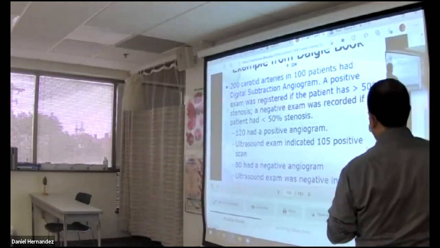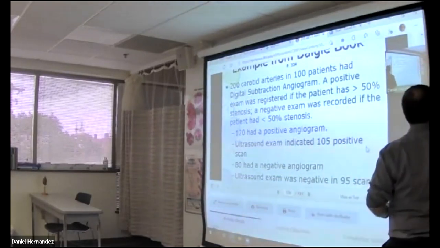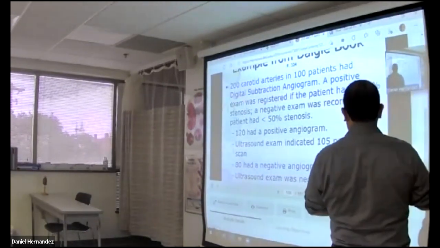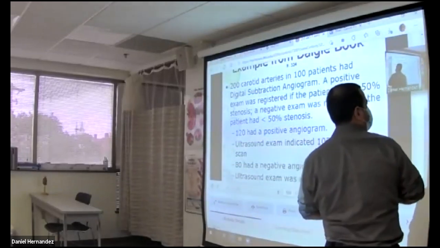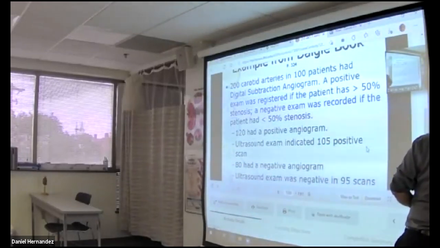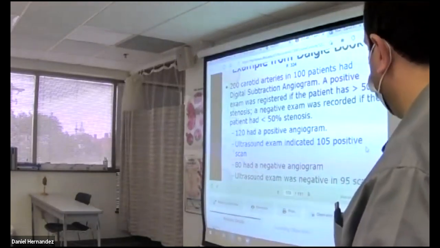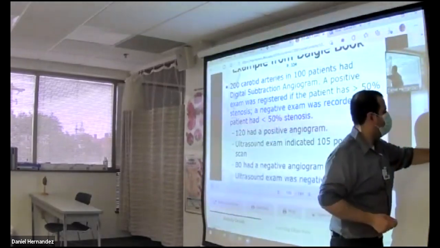I'm just looking at the test results. 120 tested positive for that test. 105 with ultrasound were found to be true positives, and the other 15 were false positive. So 80 patients total had a negative angiogram.